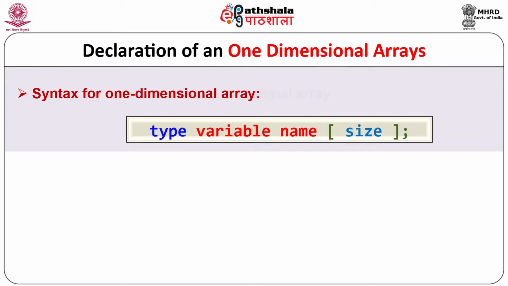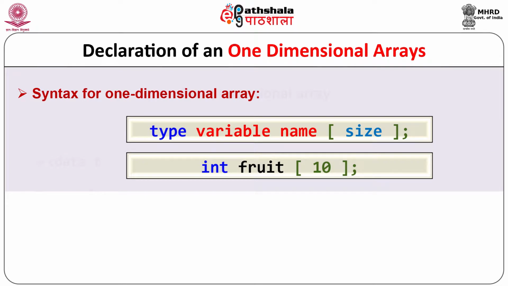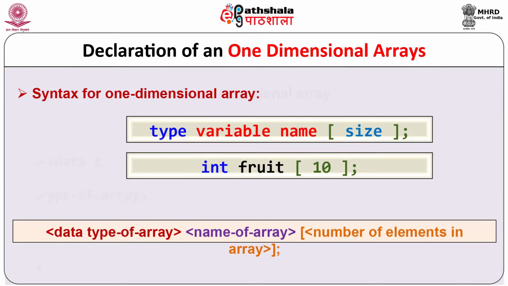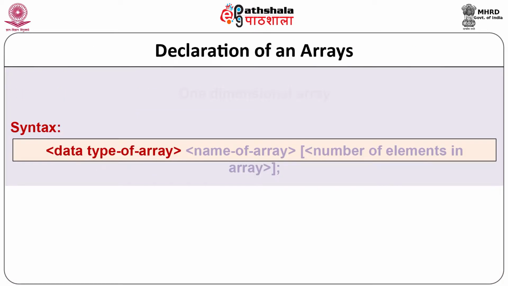Let us take a simple example: int fruit[10]. In this example, int is the type of array, fruit is the name of array and in brackets 10 means the size of array is 10. In the second syntax, you can see data type, array name in brackets, and number of elements in array.